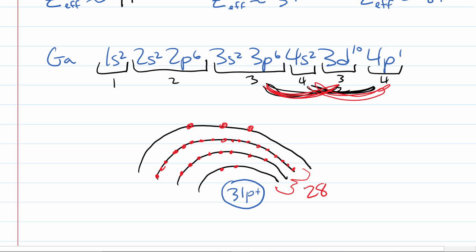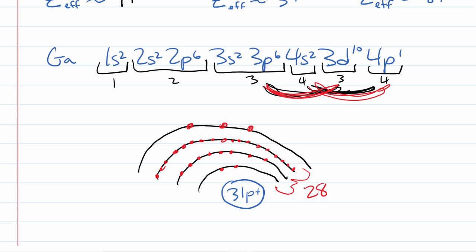There's 28 inner-level electrons and 3 valence electrons. If there's 28 inner-level electrons, that means there's 28 electrons shielding the valence shell. Each of these electrons out here is effectively seeing how many protons? 3.